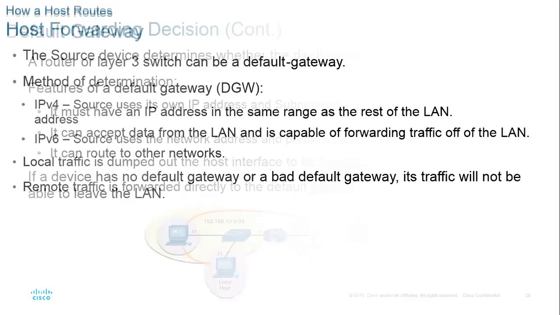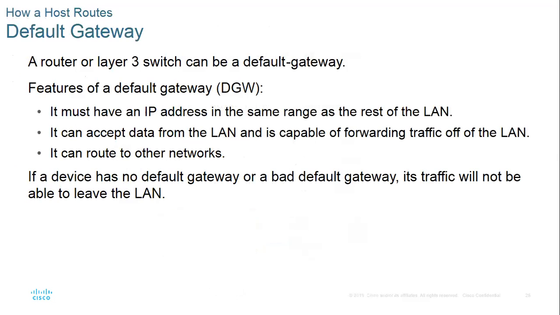What do we mean by default gateway? A default gateway is a router or a layer 3 switch acting as a router, with some features. On the LAN interface, it should have the same IP address range, which means the same network address as the host.